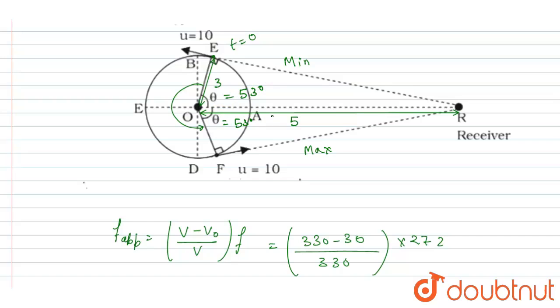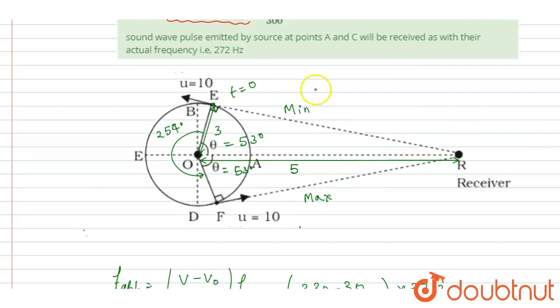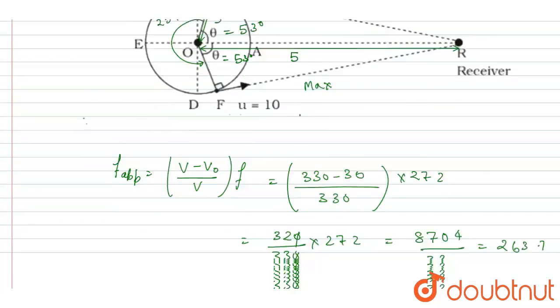So how much angle does it have to rotate? 180 minus 53 minus 53, so it will be 74 degree. Then 74 plus 180, so it will be 254 degree. This much angle the sound producer should have to rotate, right?